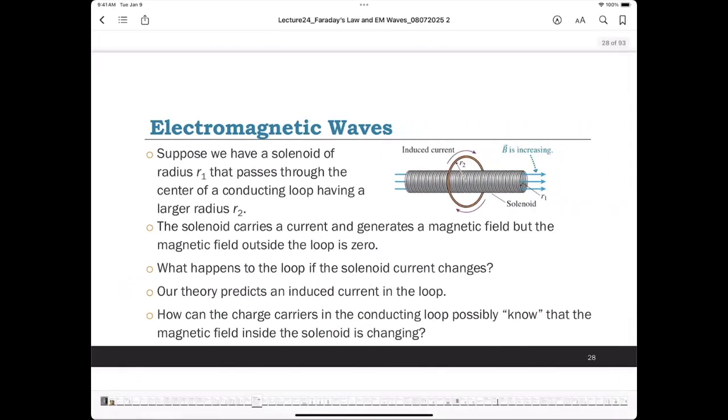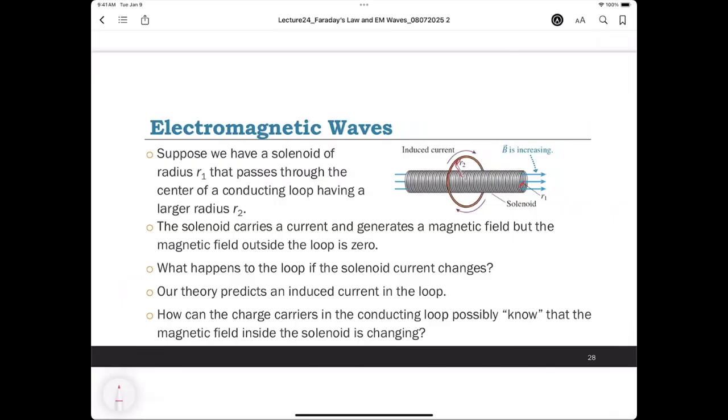Suppose we have a solenoid of radius R1. This is the R1 solenoid that passes through the center of a conducting loop. There is a loop, and this loop has a larger radius R2.